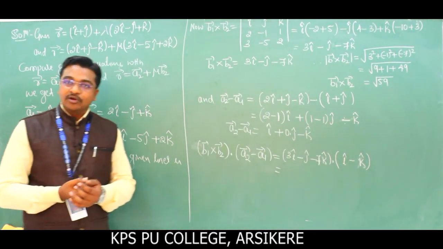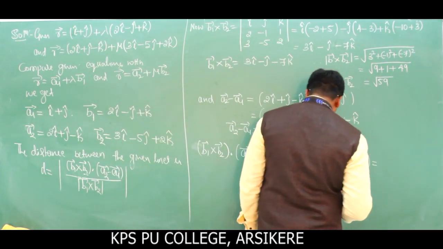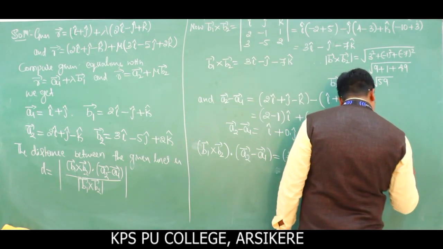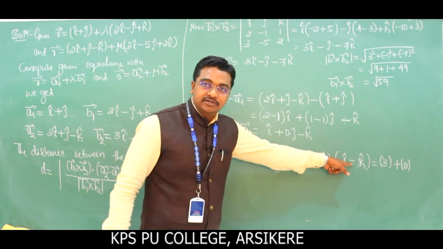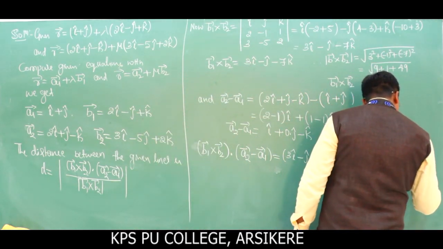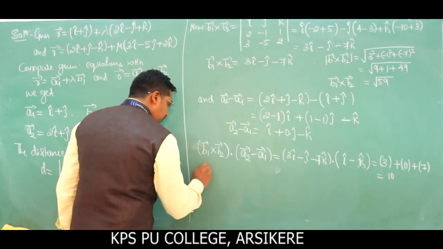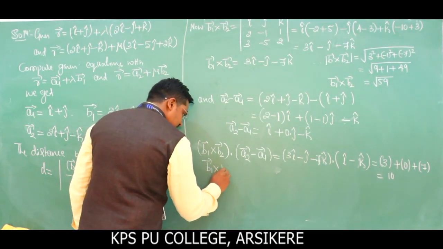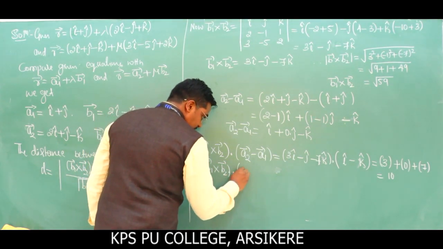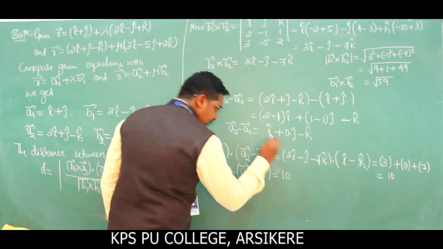Again go with the dot product, component to component. So this is equal to 3 into 1 is 3, plus 0 because the j component here is zero, and the last one minus 7 into minus 1 is plus 7. So in total we are left with 10. Therefore b1 cross b2 dot a2 minus a1 is equal to 10.